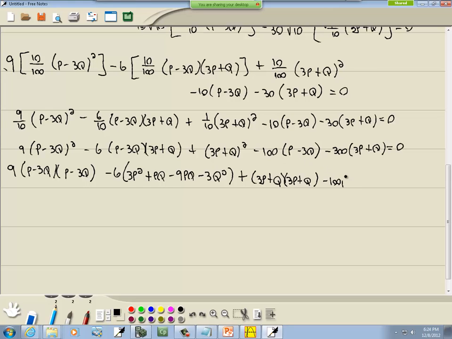Minus 100p. Negative 100 times p, negative 100 times negative 3q gives me plus 300q, negative 300 times 3p is negative 900p, minus 300q equals 0.